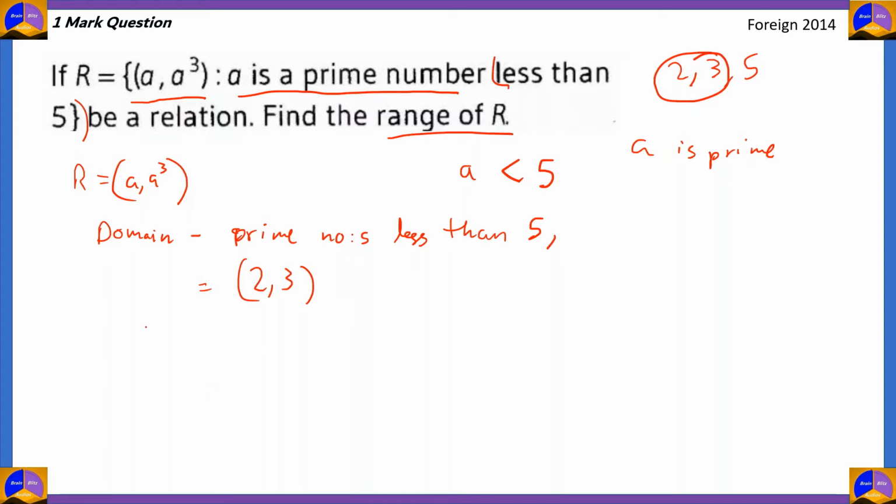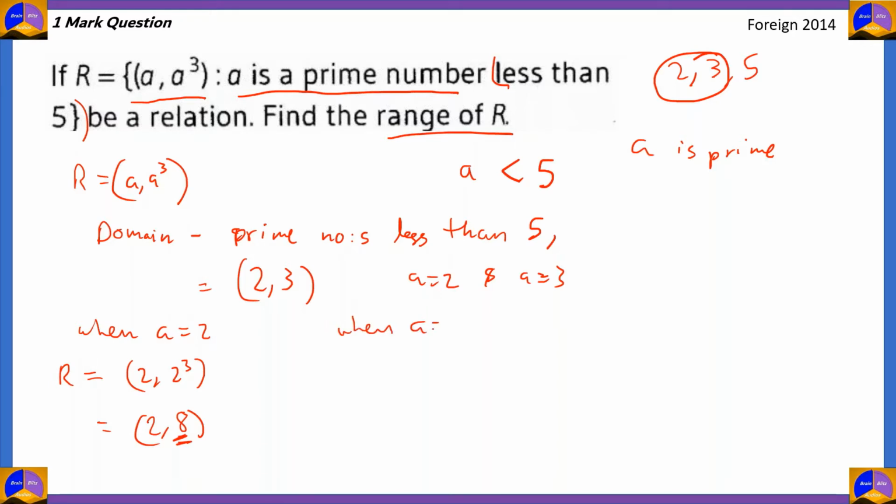Now, let's put the values of a equal to 2 and a equal to 3. So when a is equal to 2, the relation will be (a, a cube). So that will be (2, 2 cube), which is equal to (2, 8). So 8 is one of the values of the range. When a is equal to 3, the relation R is (a, a cube), so that is (3, 3 cube).